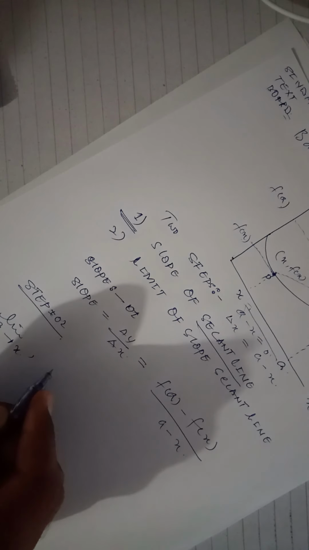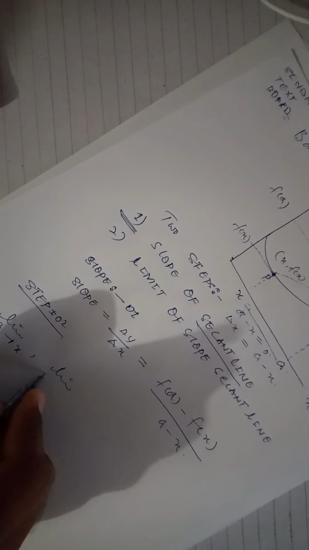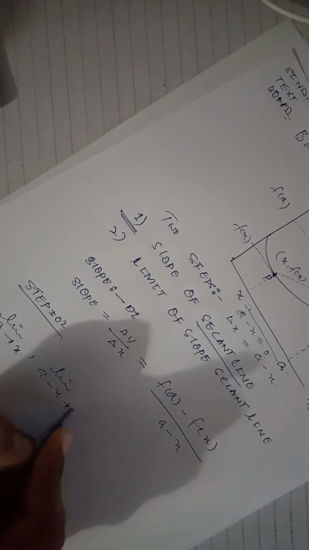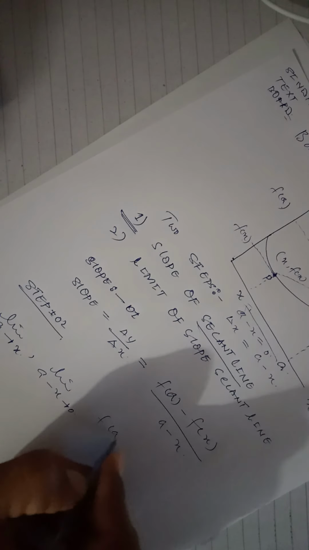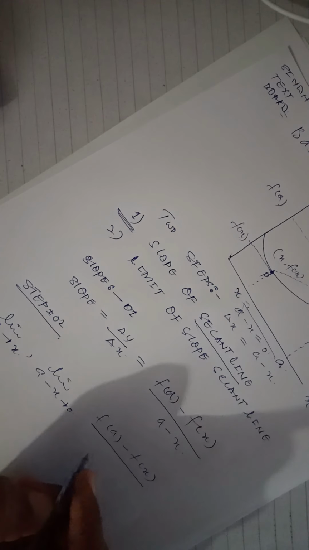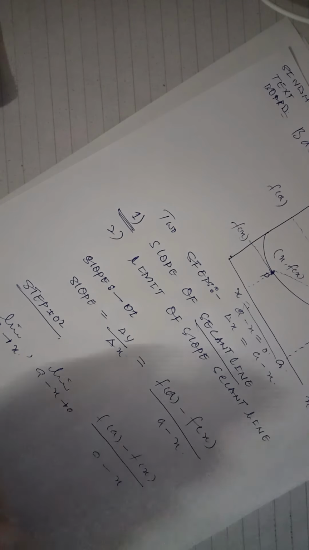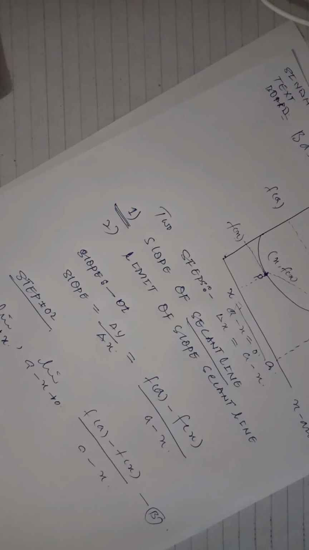We can also write it this way: the limit as a minus x approaches 0 of f of a minus f of x divided by a minus x. This is equation number B, the slope.